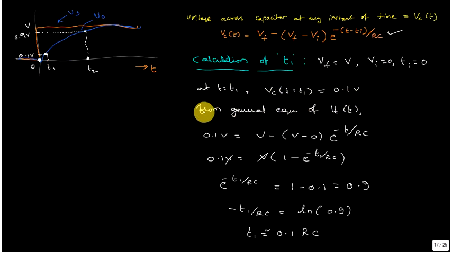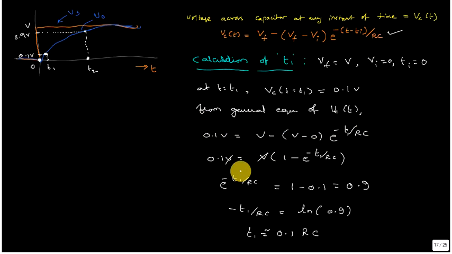So Vc(T1), that means 0.1 V, is equal to Vf, which is V, minus Vi, which is 0, e power minus (T1 minus Ti) by RC. Ti is equal to 0, so T1 minus 0 is T1, T1 divided by RC. V cancels if you take V common.